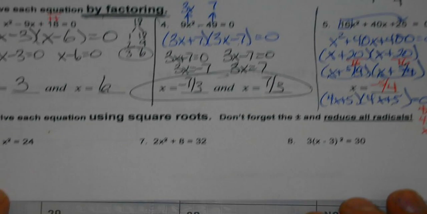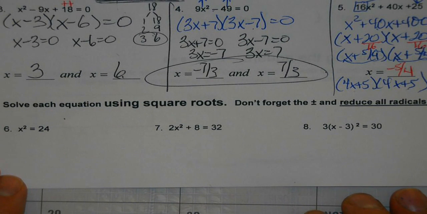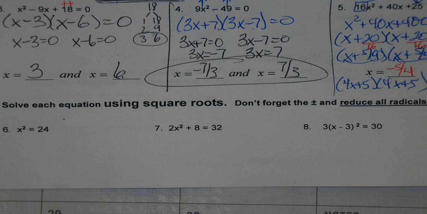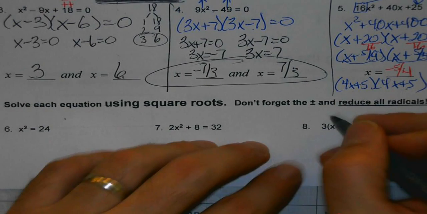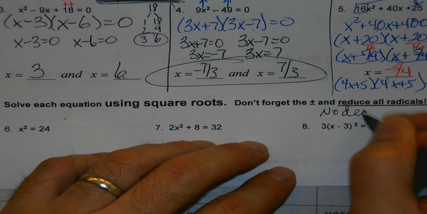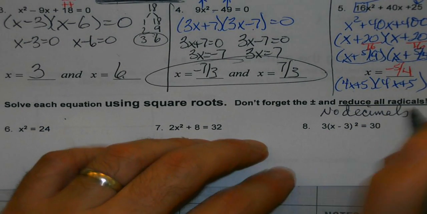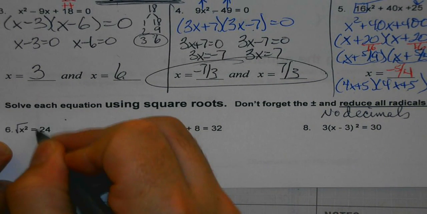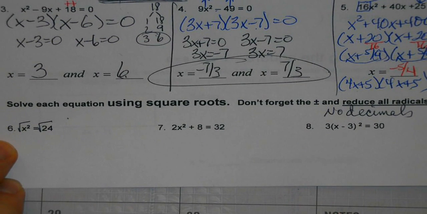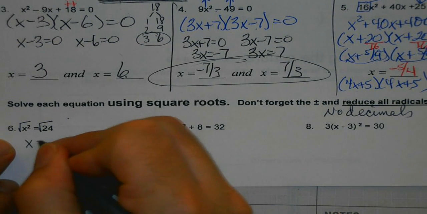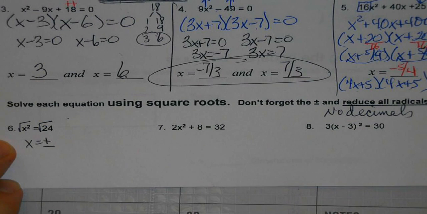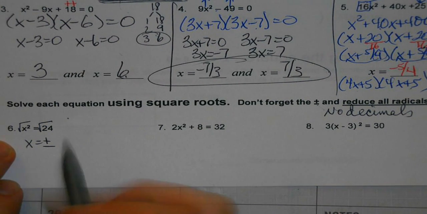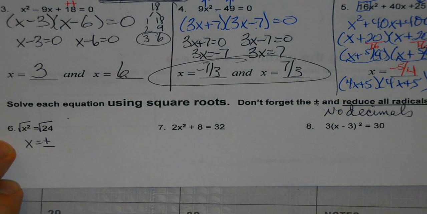All right. Solve using square roots. Don't forget the plus minus and reduce the radicals, which means no decimals. Thank you very much. So when you take the square root when x squared is alone, remember that it's plus minus, not only because I told you, but also because you know that a degree of 2 would have 2 roots.